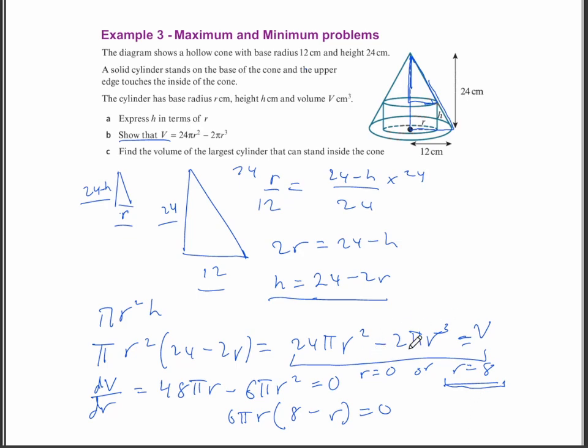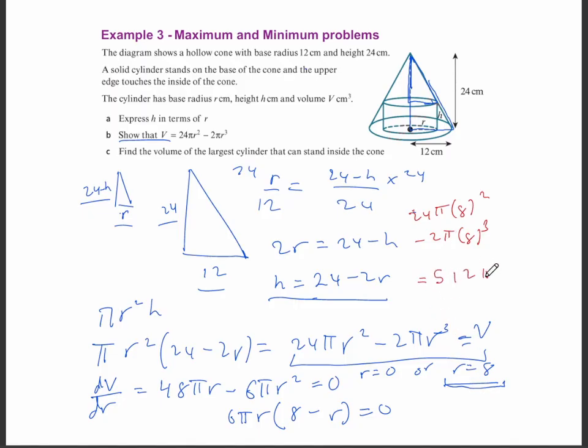We can then find the volume of that cylinder when r equals 8. So 24 pi times 8 squared minus 2 pi times 8 cubed, and that is going to give us our volume. This right here is going to be 512 pi. So that's going to be the volume of the largest cylinder that can stand inside this cone with these heights and base.